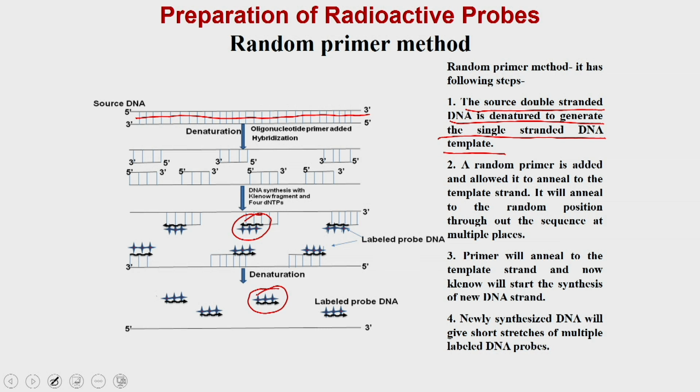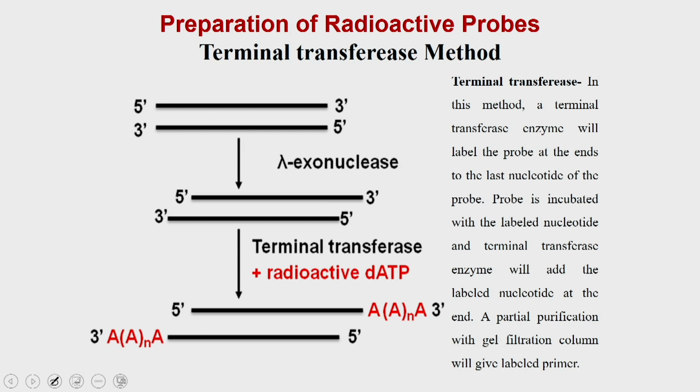The other method is called the terminal transferase method. This method uses an enzyme called terminal transferase, which labels the probe at the end of the last nucleotide of the probe.